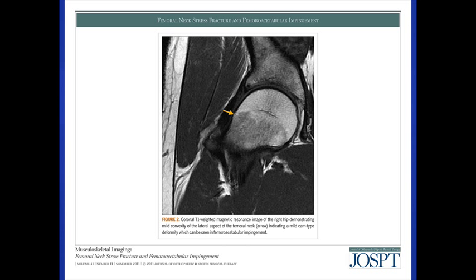Okay, and another image, they see a mild, what they call a CAM type lesion, which is part of femoroacetabular impingement, and that means that there is a significant convexity, which not only predisposes the labrum to tearing or irritation or lack of continuity, but also may be a factor in the stress fracture as well.